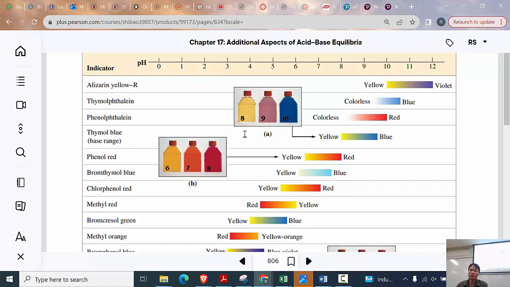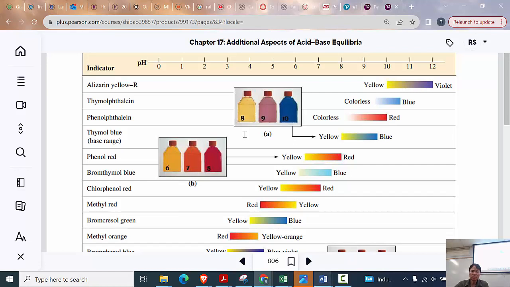This one would be tough. Well, no, this would be easy because it goes from colorless to colored, and so you'd be looking for that. And the pKa would be around 10. Here's phenolphthalein. The pKa is around 9. Oh, did I say around 8? Shoot, I probably have to correct that. The pKa is around 9, and so the intermediate color is around here.